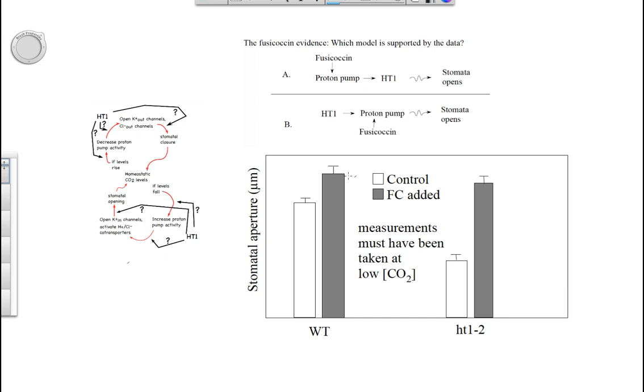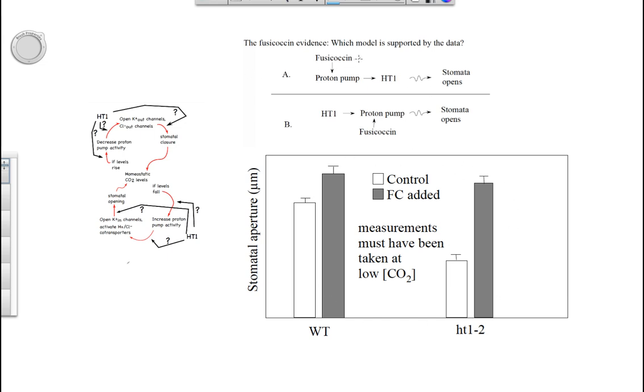So I'm asking you to assume that the statistics carried out by the authors of this paper are true and bear out the fact that there is no significant difference and that in both cases fusicoccin fully opens stomata. If that's true, if fusicoccin opens stomata whether or not there is a functional version of the HT1 protein, which of these two models is borne out by this data?